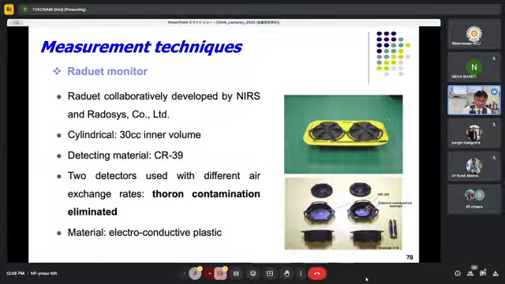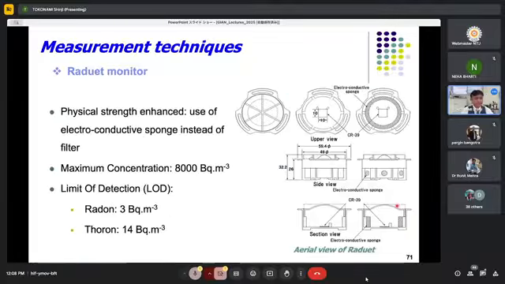The CR39 is placed at the bottom of the monitor. And here are holes covered with electroconductive sponge. Physical strength was enhanced by use of electroconductive sponge instead of paper filter.